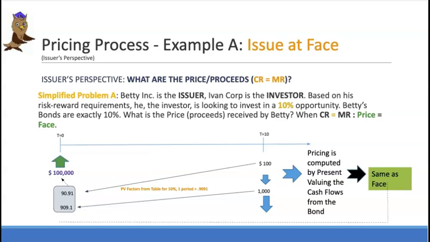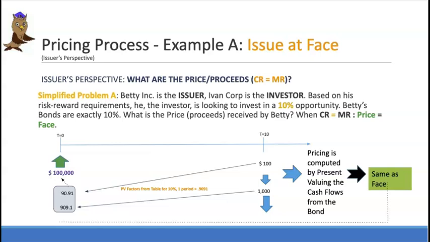Now the PV of the return of the face is a PV factor of 0.9091, the same one as before, since it is the same time period, at 10%, 1 period, times the cash flow of $1,000. This results in $909.10. Now summing the PV of the interest and the PV of the face will give you exactly $1,000.